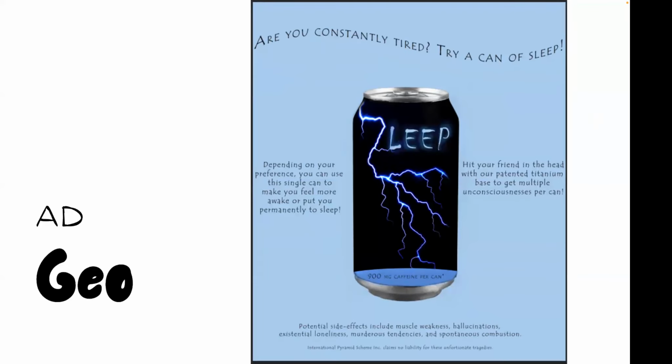Gio, please tell us about your design. Okay, so first of all, I don't like any of the text or the background at all, but I wanted to do something because originally I was just going to have it be the can, and then I was like, wait, I want to have text, but I couldn't really decide what to do with it. So I wanted to give you something to use.